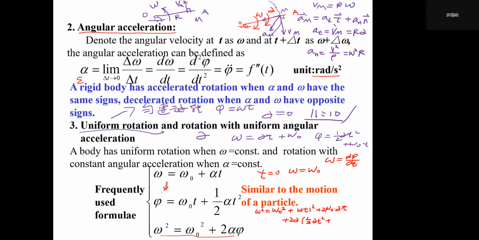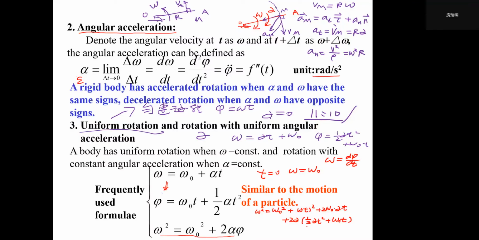And this part, without 2 alpha, will be omega 0 times t. You can find actually this is the same as this, we just rearrange the position of 2 alpha.